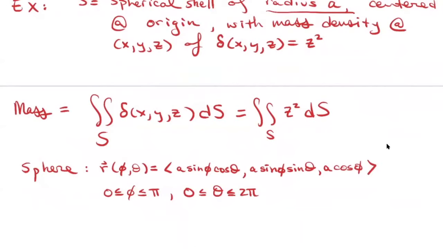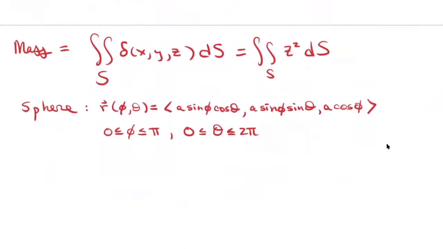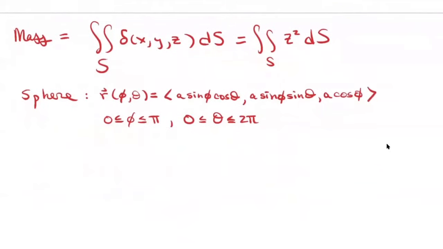But I don't know what ds is. It's a surface area differential. I want to do ds, the vector, first, and then we'll take its magnitude. So ds, the vector, not needed here, but it's ru cross rv du dv.